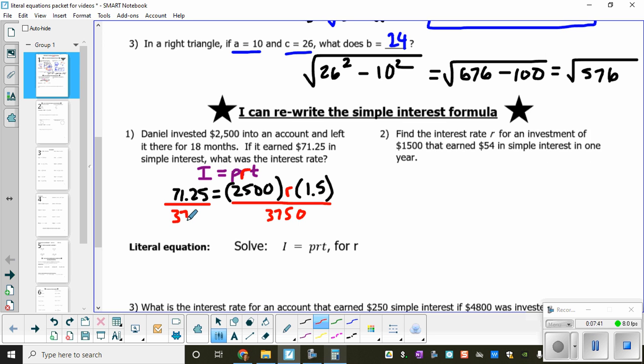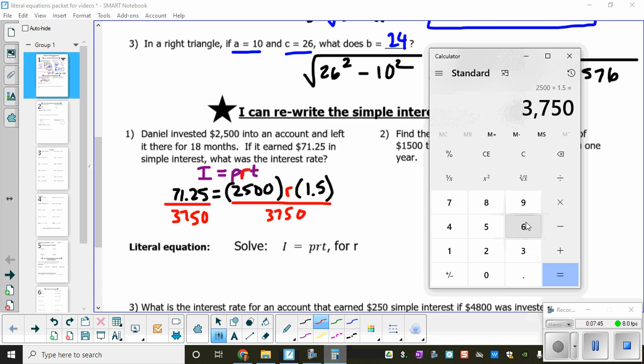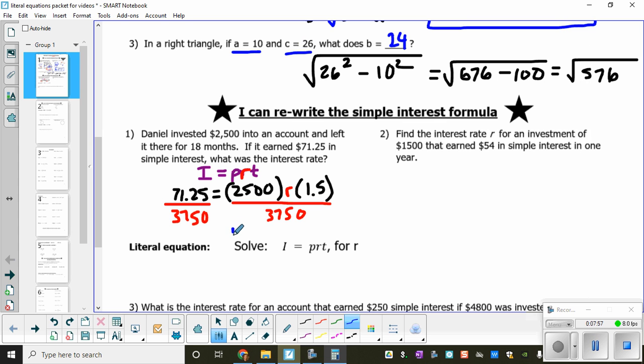And when we divide by the 3750, we'll get the decimal in the calculator for the interest rate. So the interest was 71.25 divided by the 3750. And here, when I move this decimal over, I'm going to get a 1.9%. So here R was 0.019. And when I move that over twice, we get a 1.9% for this answer.